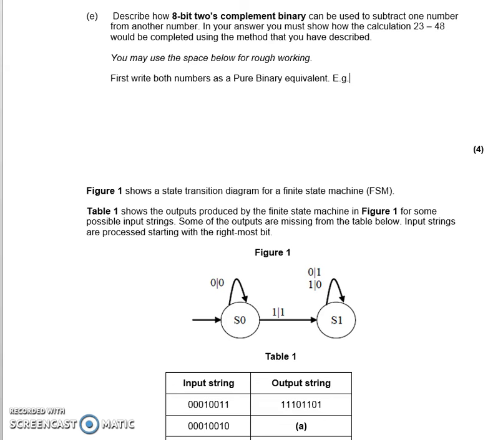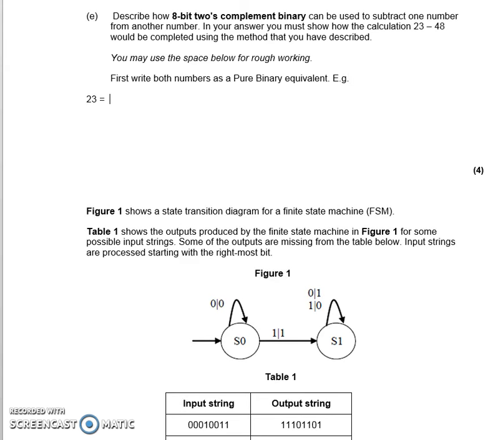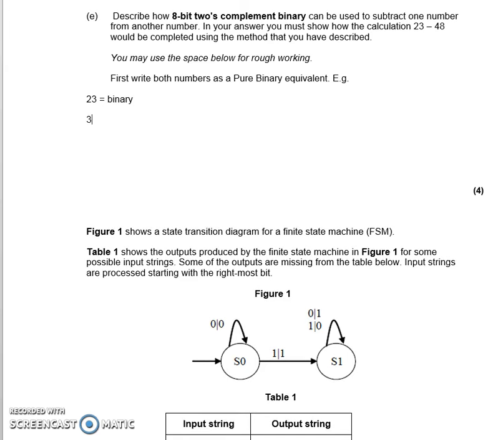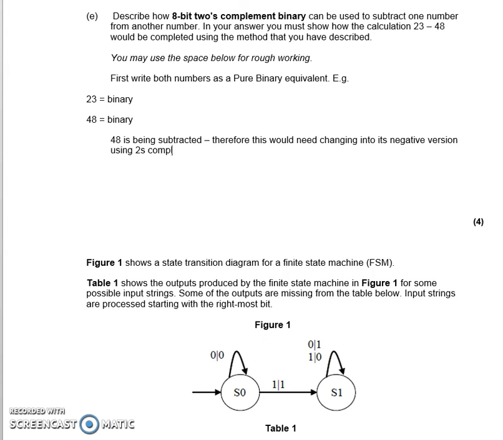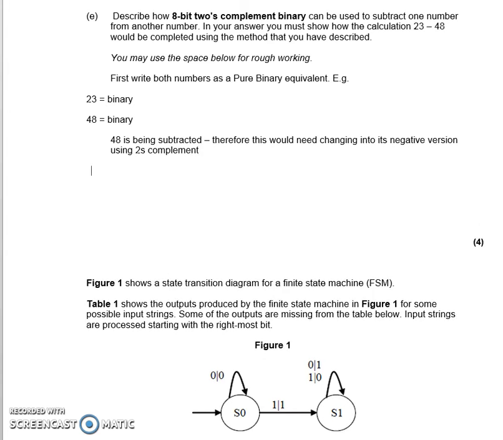For example, you can put 24 as a binary number and 48 as a binary number. 48 is being subtracted, therefore this would need changing into its negative version. We can say how, using 2's complement, and then demonstrate how.